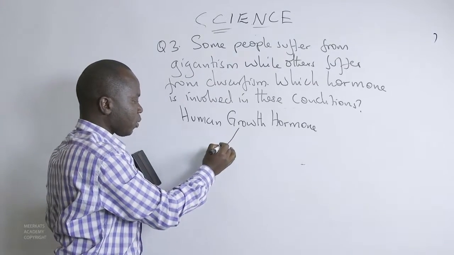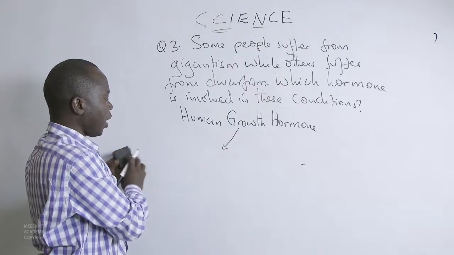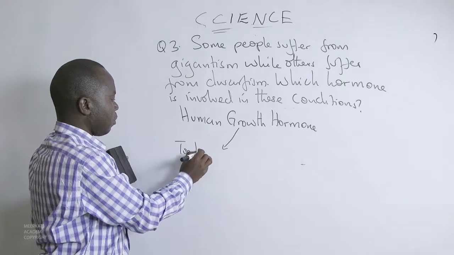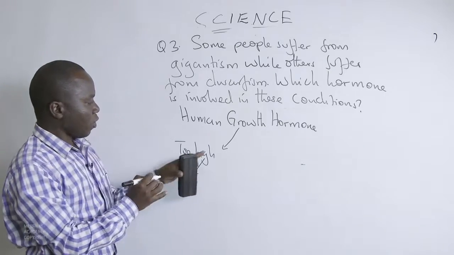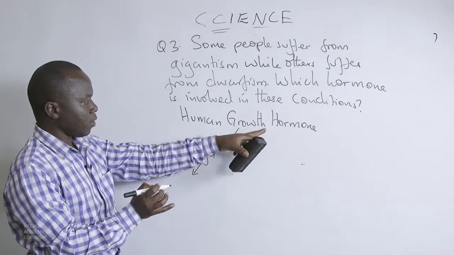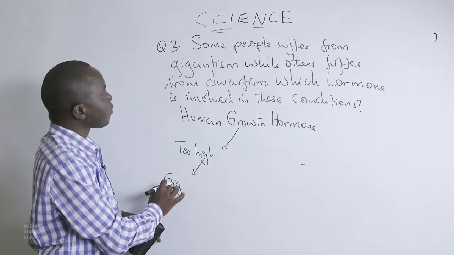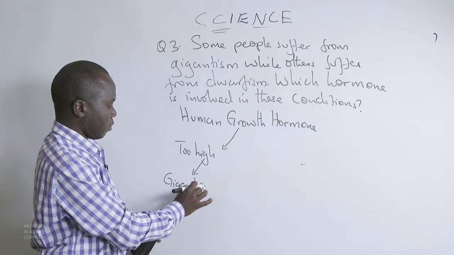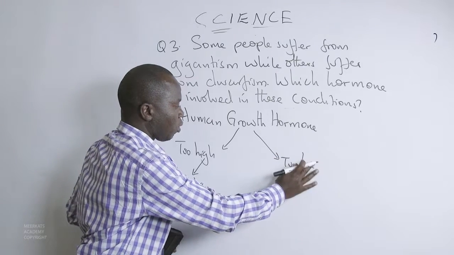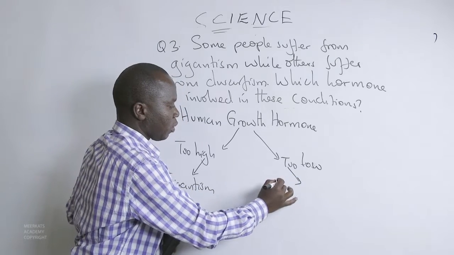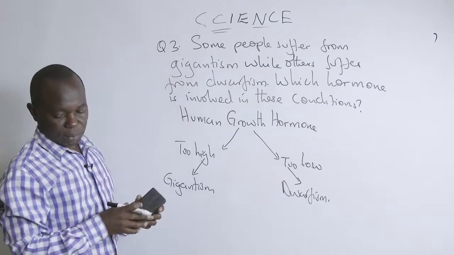If this hormone is produced in too high a concentration, maybe the pituitary gland is stimulated and it produces too high a concentration of the growth hormone, it will lead to gigantism. But too low a concentration of the same is going to lead to dwarfism. So this one is very easy to understand.